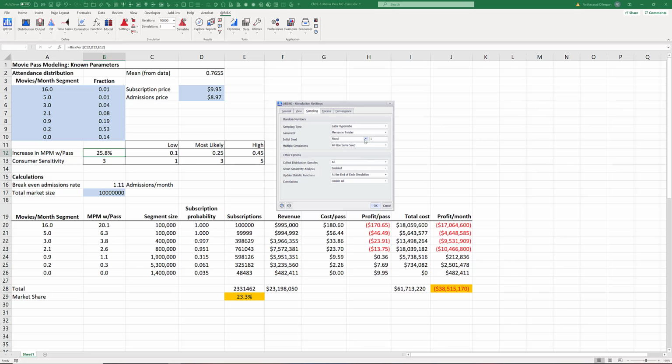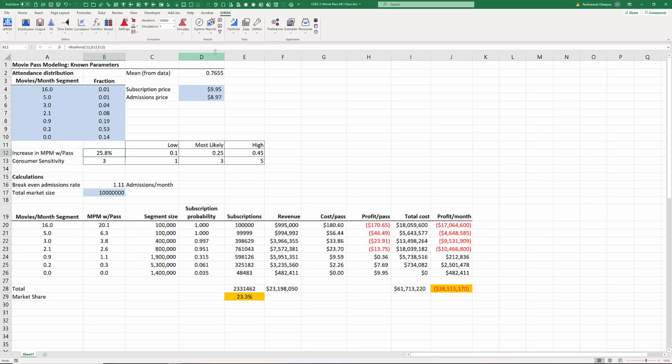But in a real model, if you want truly realistic output, then you need to choose randomly. If you choose randomly, the random seed is chosen every time you run, so every time you run the model, you'll get slightly different results. But in a pedagogical setting, it's a good idea to put it to fixed, so that what I get is what students will also get as results. Click OK, and then simulate.